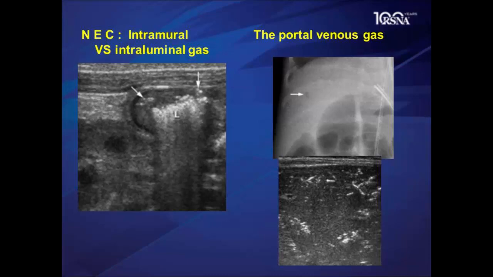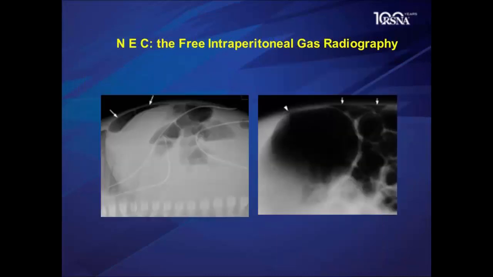On plain film, this is portal venous gas. When you do put the probe on the liver, you see the portal venous gas in the liver, and we know it's dynamic, so you see it acting. Well, one would not like to see this because this is free air on cross table view, or the triangle shape of escaping air.